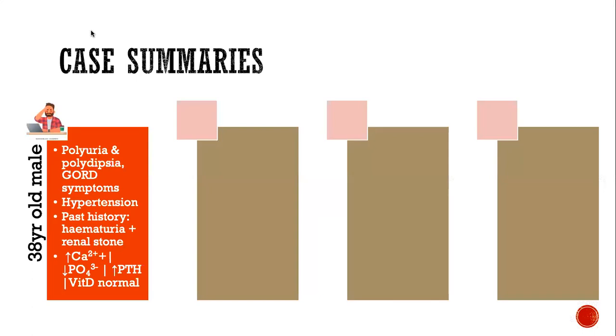In summary, a 38-year-old male presented with polyuria, polydipsia, and gastroesophageal reflux disease symptoms with hypertension, who had a past history of hematuria and renal stones, presented with high serum calcium, low serum phosphate, high PTH level with normal vitamin D level.